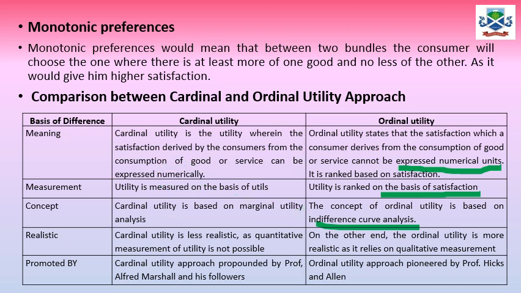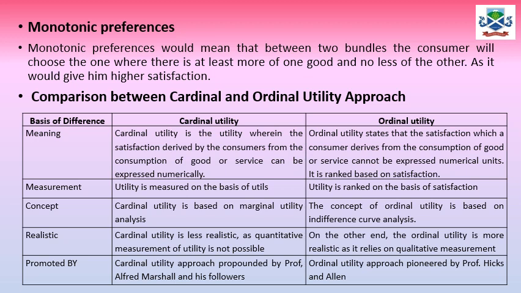Now, on realism: cardinal utility is measured in terms of numbers, so it is unrealistic. If you consume a commodity and someone asks how much satisfaction you got, and you say 3 or 2 or 4, it becomes unrealistic.